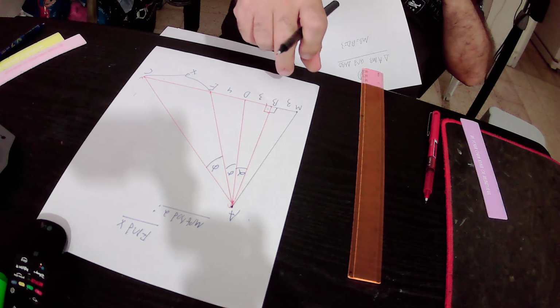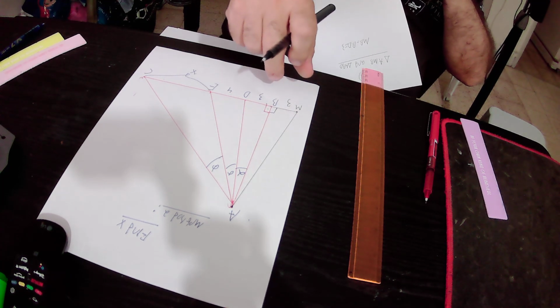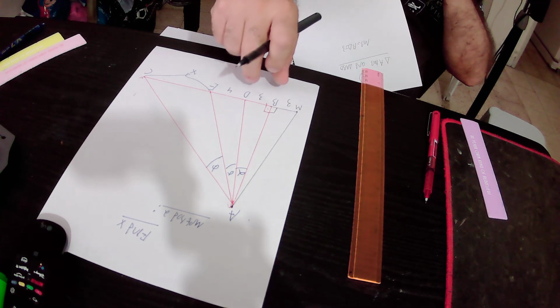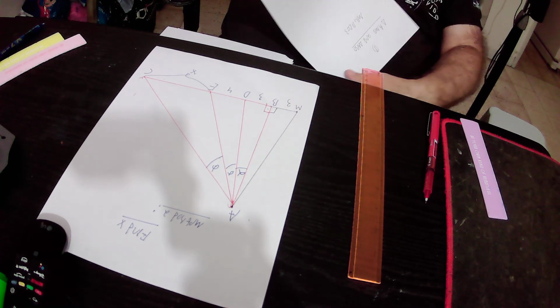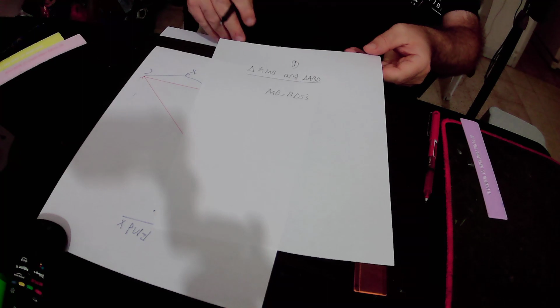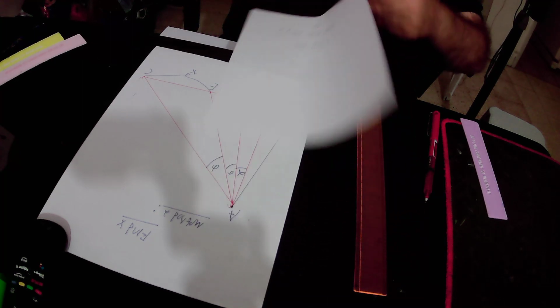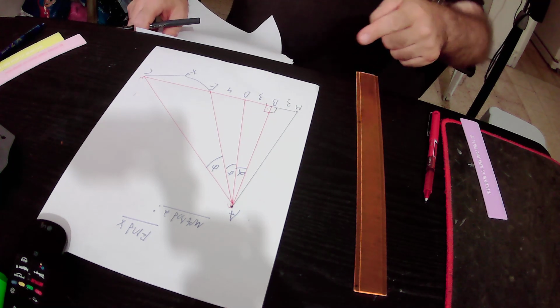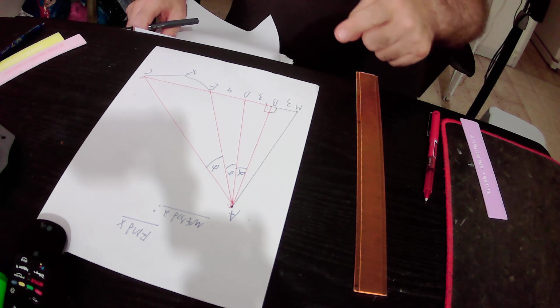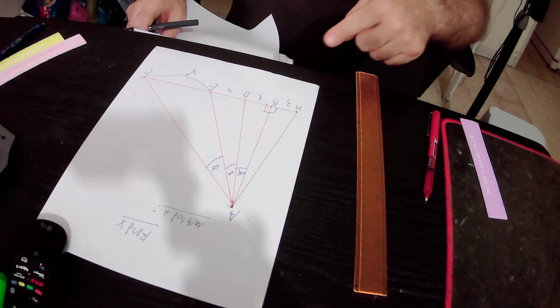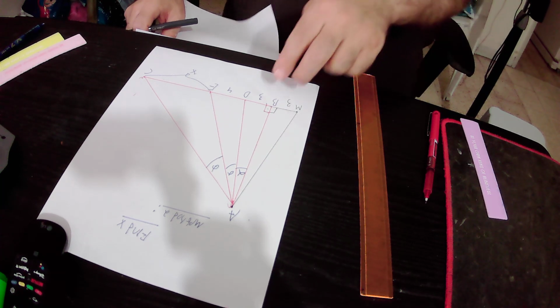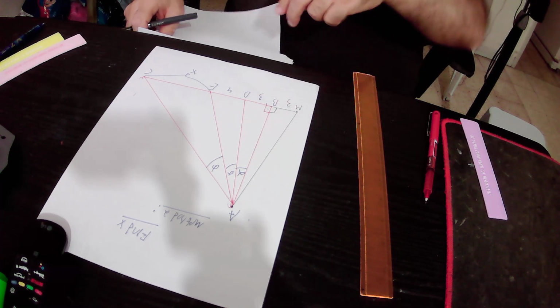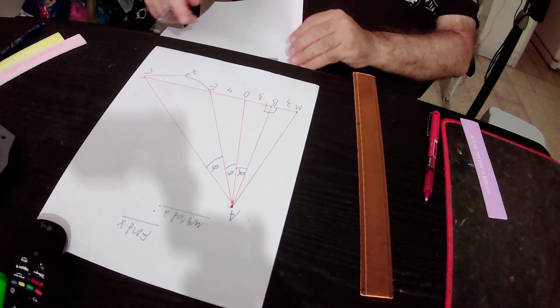So MB equals BD equals 3 units. And we also know that angle MBA equals angle ABD equals 90 degrees. Those two angles are right angles. They equal 90 degrees.